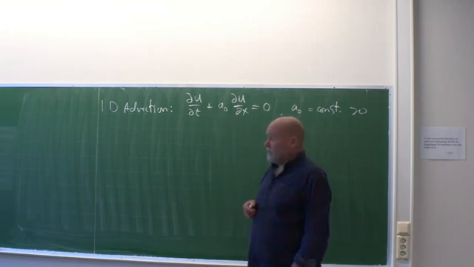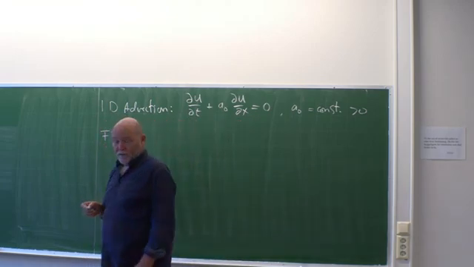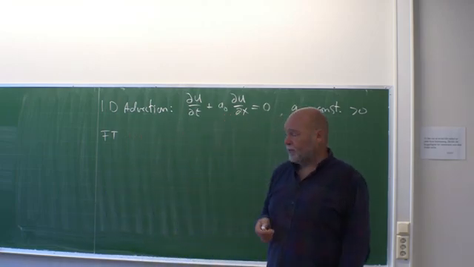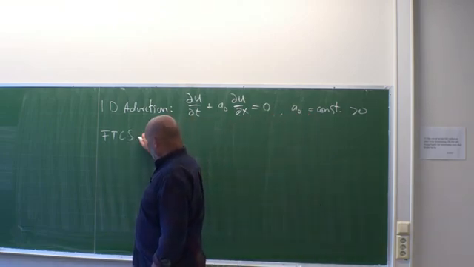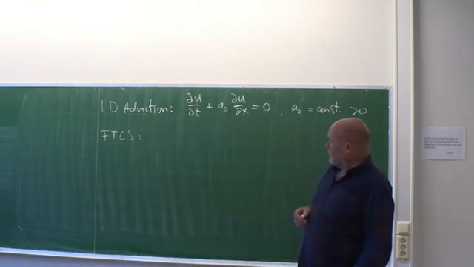Now, make a discrete version of this one. And typically, the first you try is a forward time scheme. Forward time, first order Euler scheme. And then you use central space. That is quite standard, actually.